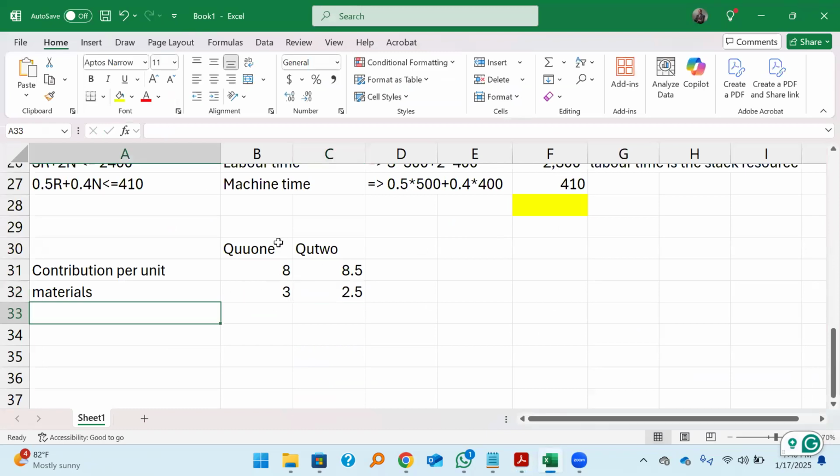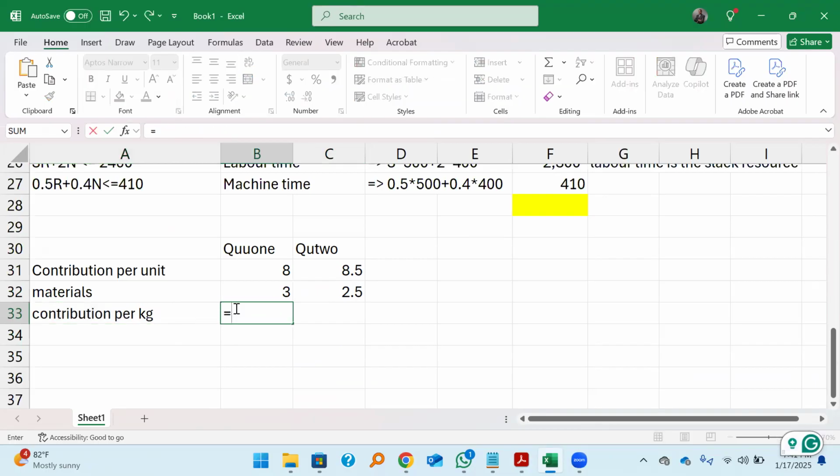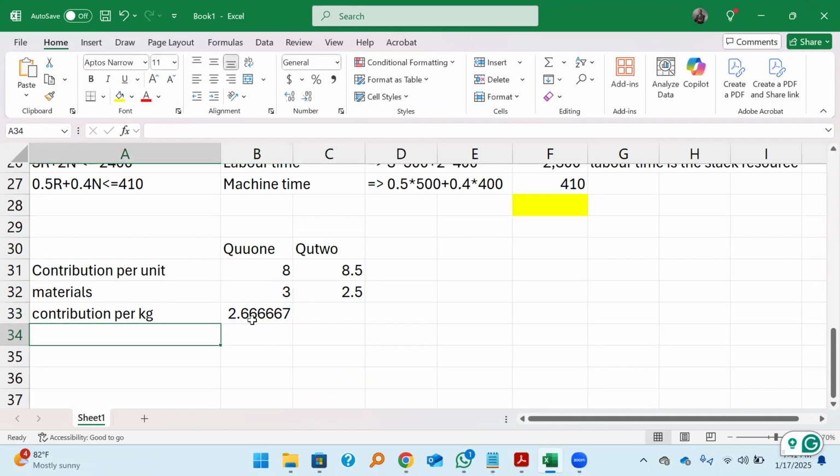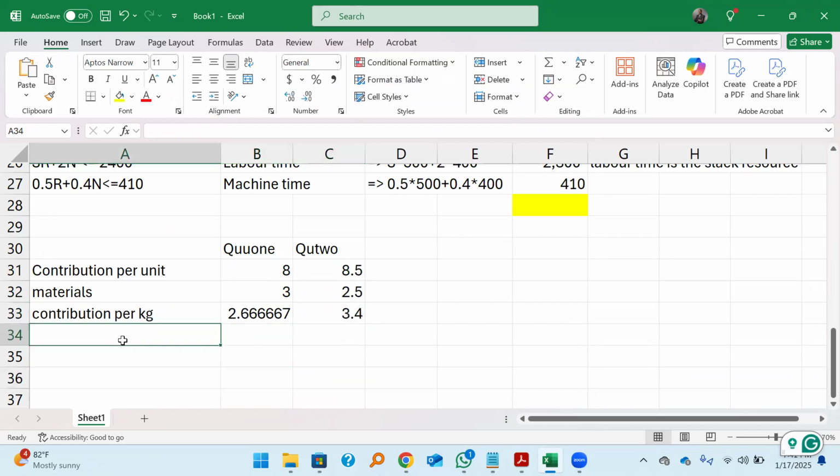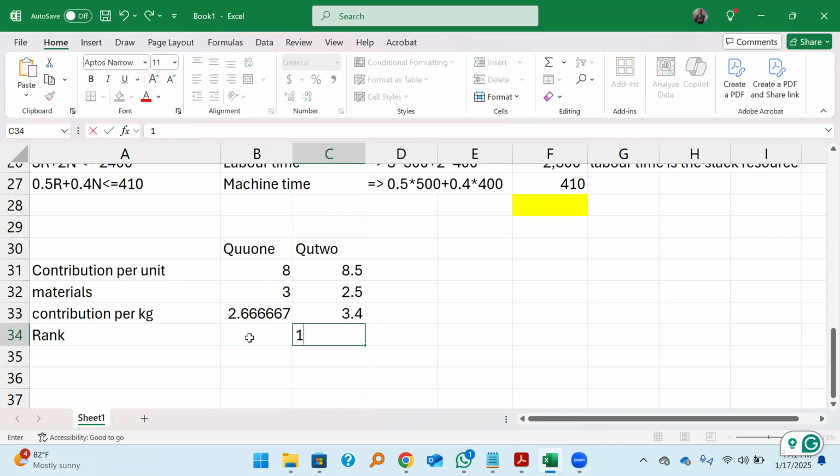So for Q1 you need 3 kilograms, for Q2 you need 2.5 kilograms. Then you can get contribution per kilogram of material, which is basically division of these two. And you see that when it comes to ranking, Q2 will be number 1 and Q1 will be number 2.